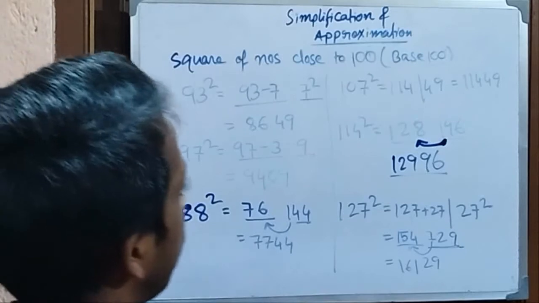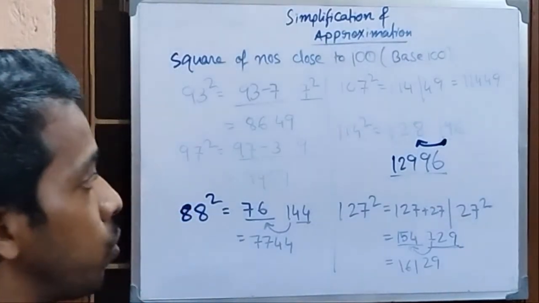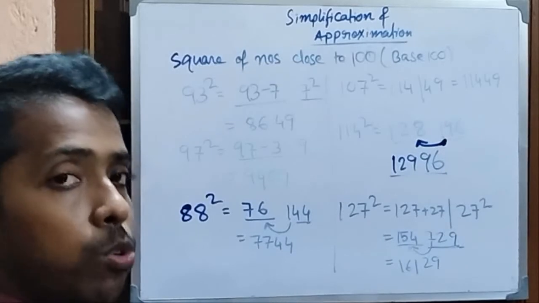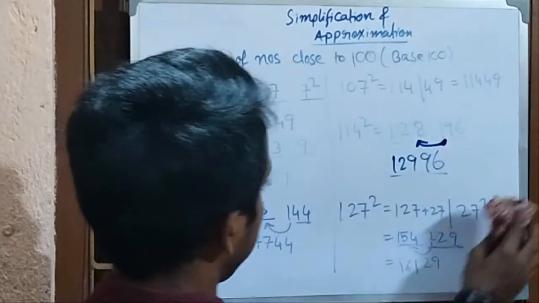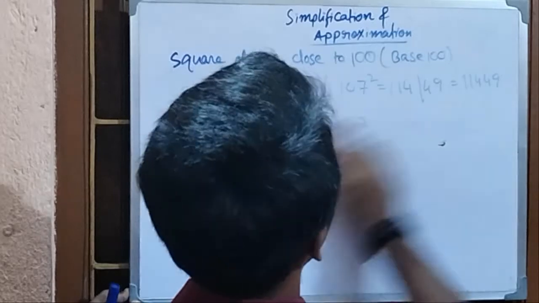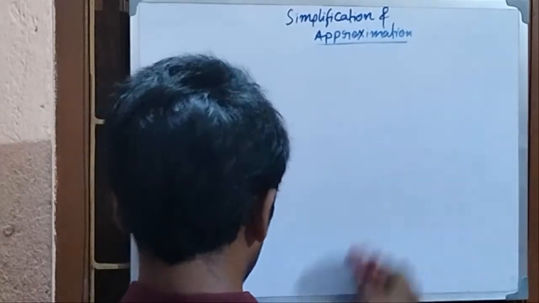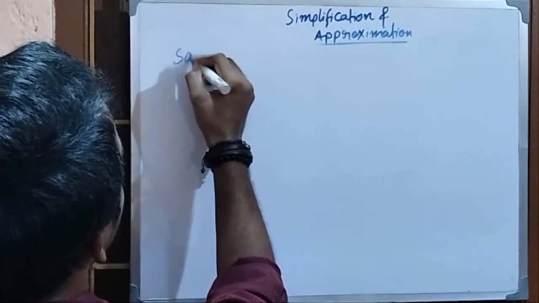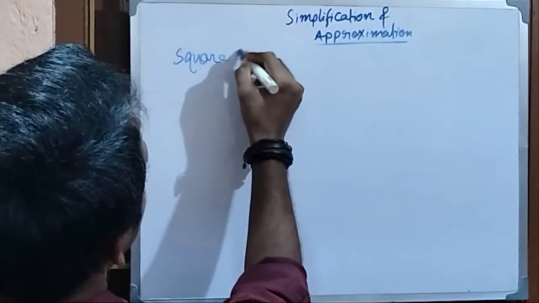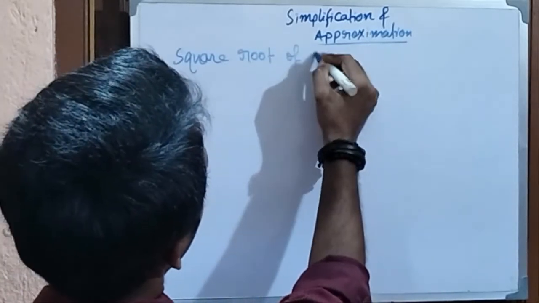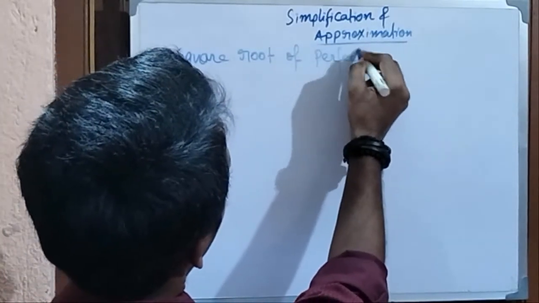Okay, so moving to the next part, to find out the square root and cube root of perfect numbers. Square root of perfect numbers.